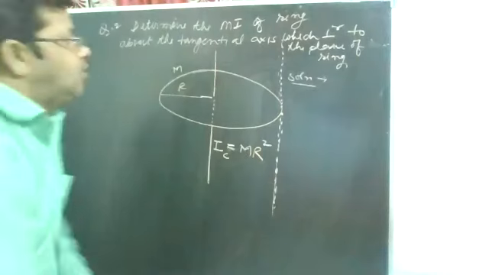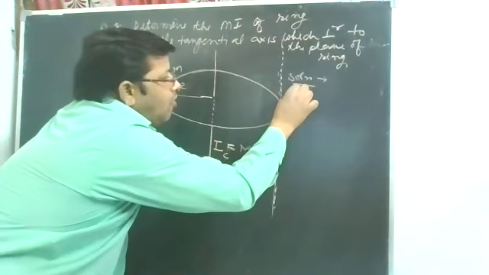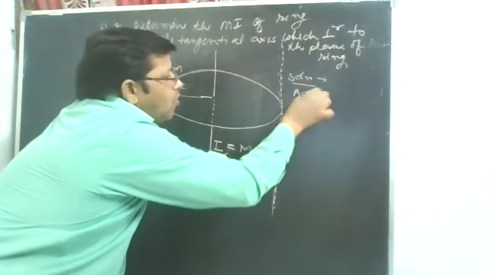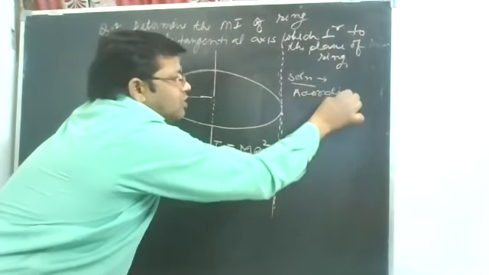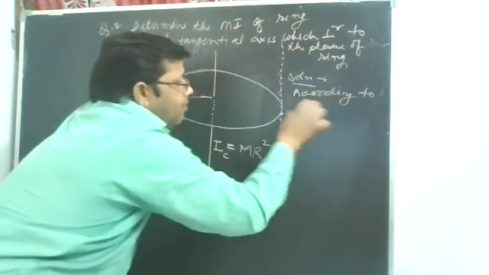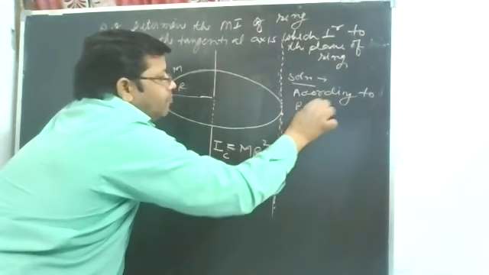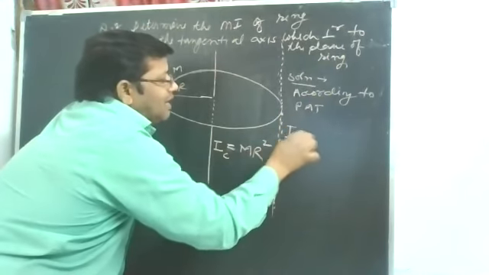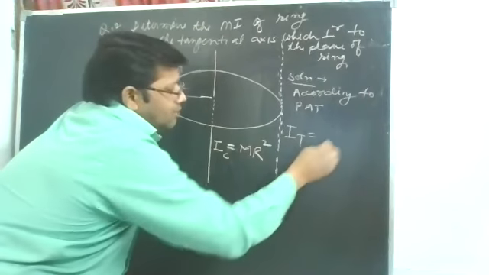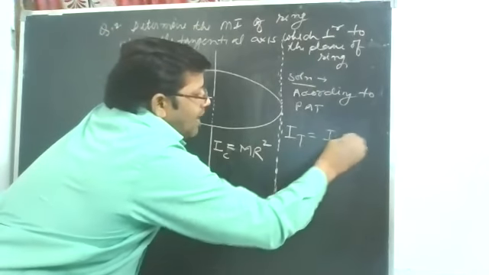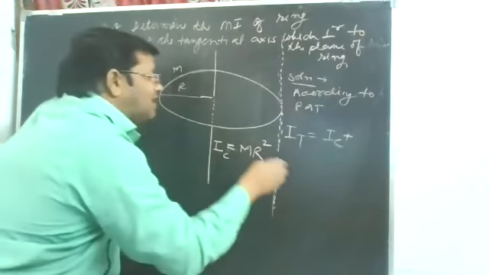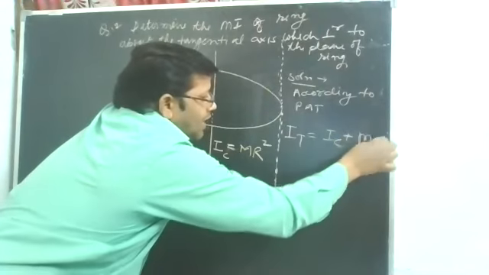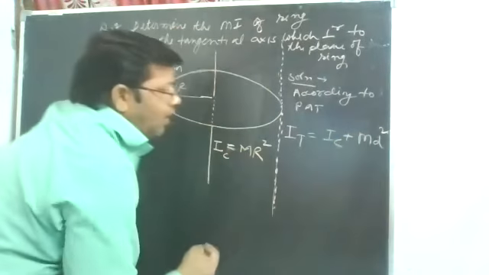But here the axis is not passing through its center but along its tangent, perpendicular to the plane. Now we apply the parallel axis theorem. IT equals IC plus mass times distance square.